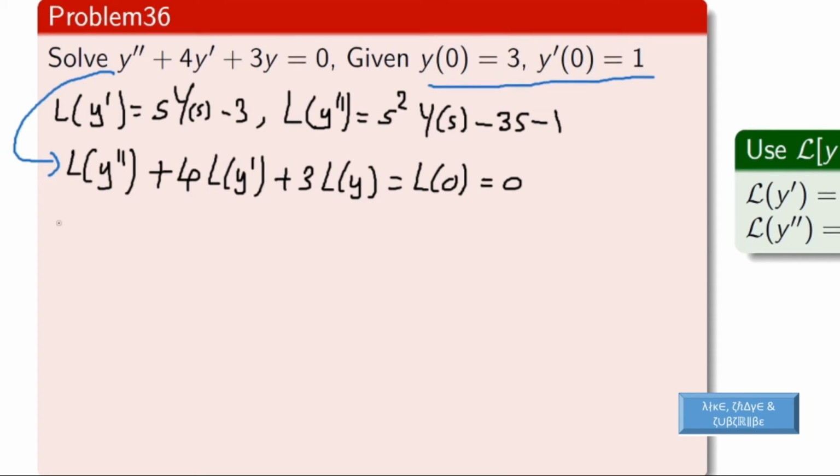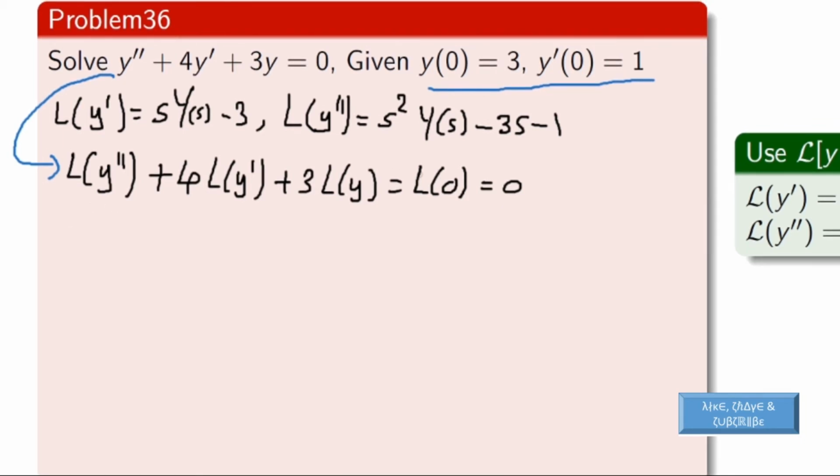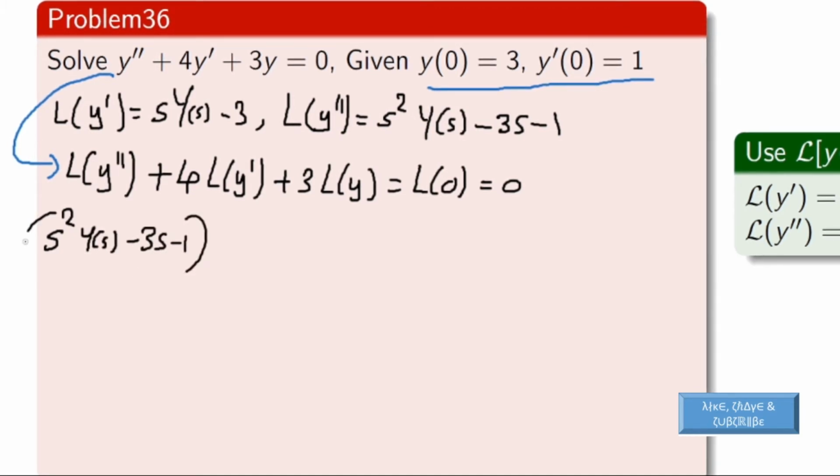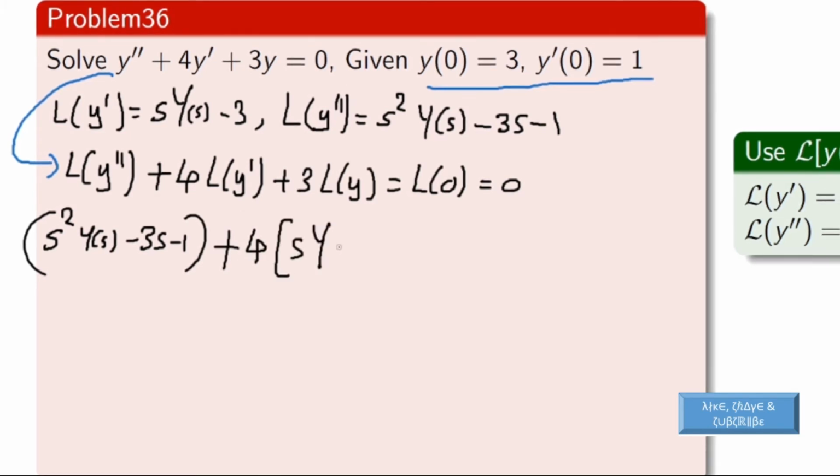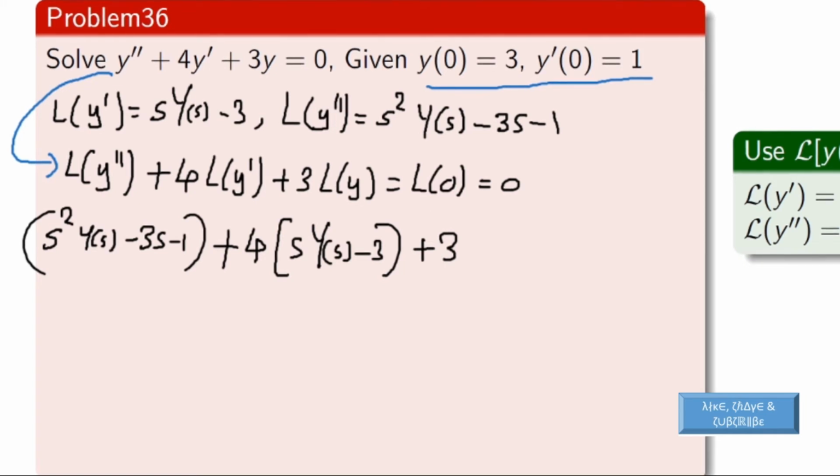Now substituting the expressions for L of y double dash and L of y dash, we get s square into Y of s minus 3s minus 1 plus 4 times s into Y of s minus 3 plus 3 times L of y. L of y is capital Y of s, that is 3 times Y of s, equal to 0.